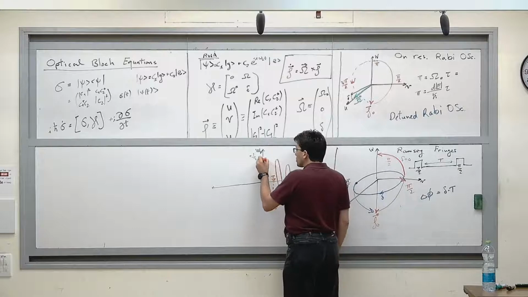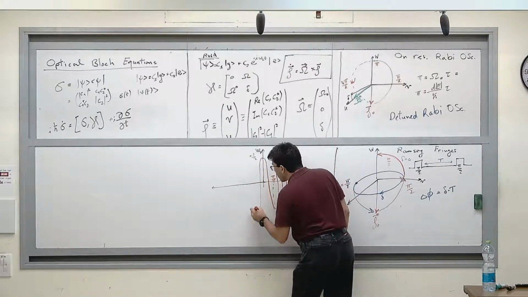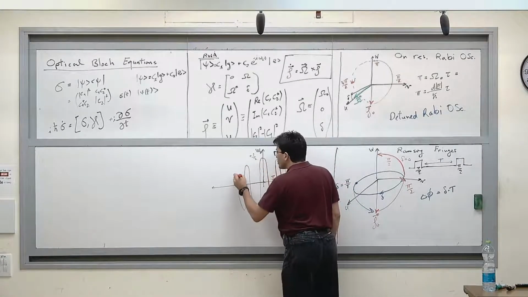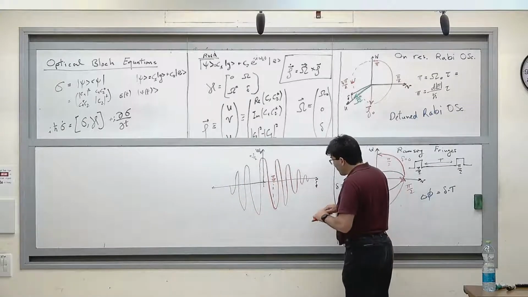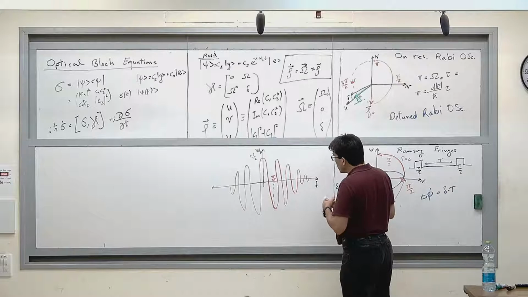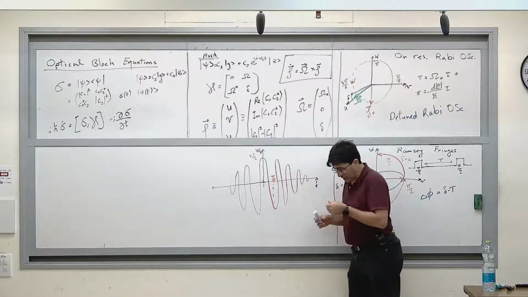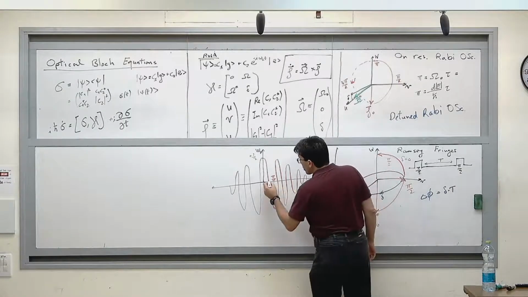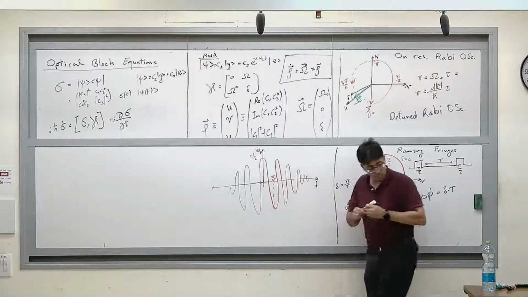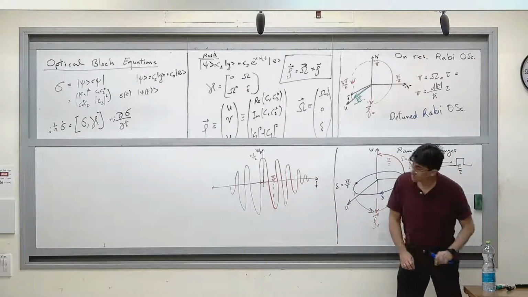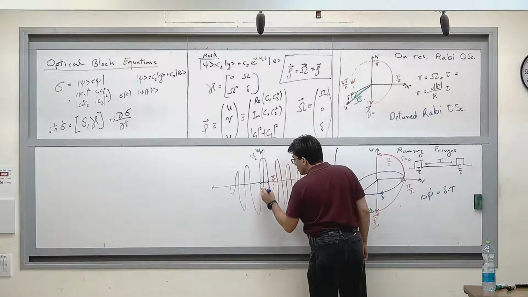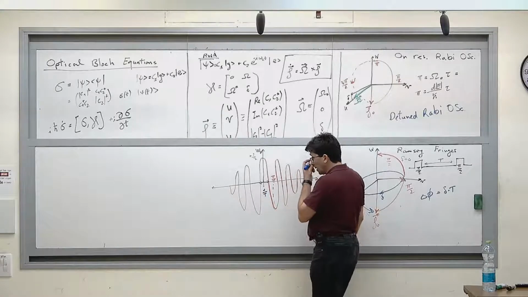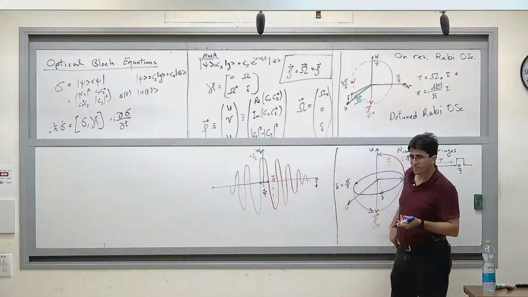I'll tell you in a moment. That's how things look. So this width is of order 1 over t, or pi over t.